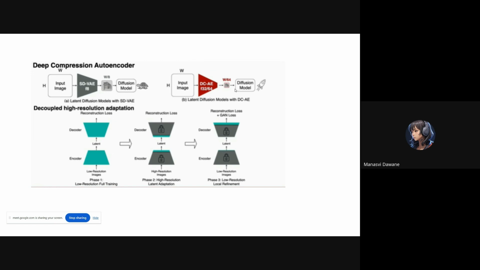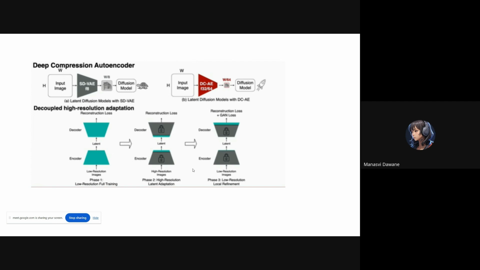Comparing with the DCAE model, the deep compression autoencoder, it has an F of 32 and 64, so it's divided by 32 and 64. If 1024 is divided, we get only 256 tokens. So compared to these two, this has fewer tokens.